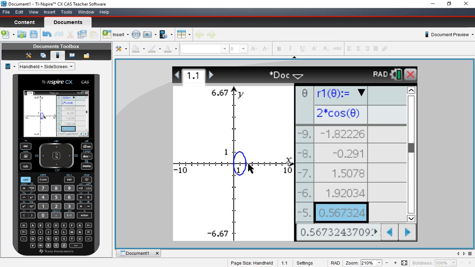So when you're back around here, you can see -6.28 would be 2 pi. So negative pi, negative 3.14, this is the pi right here, would be really close to -2.